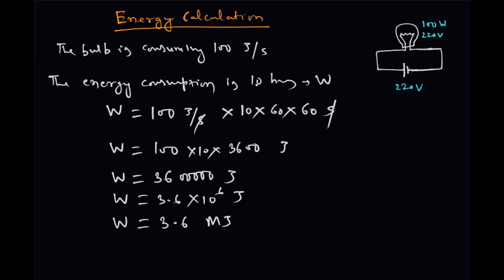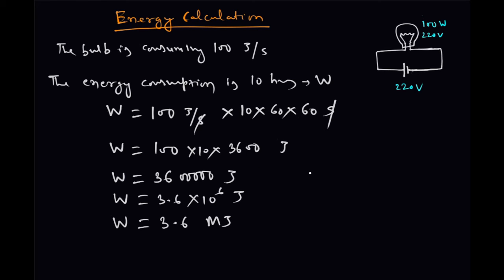That is for 10 hours per day. So this will be the consumption per day, and if multiplied with 30, it will give the consumption in 1 month. It will be a very large figure, and handling it is not very convenient.